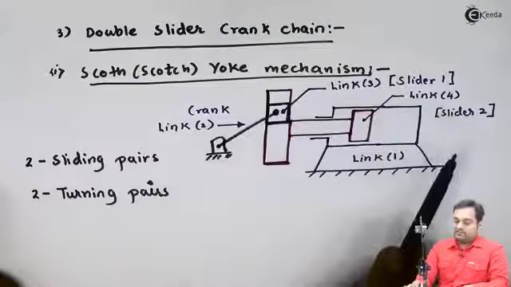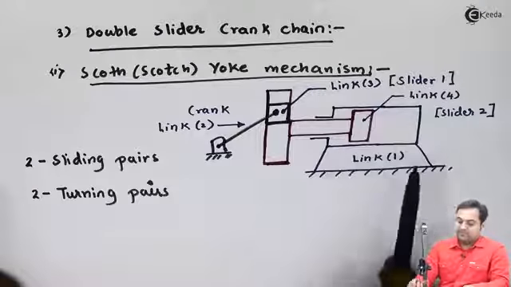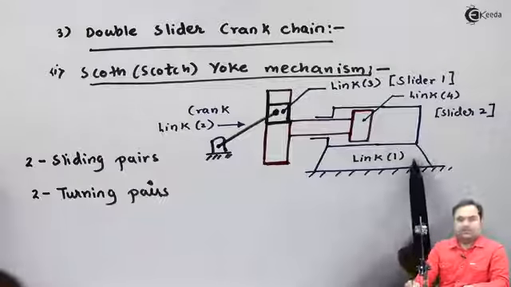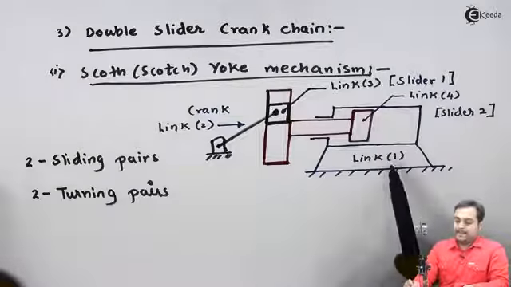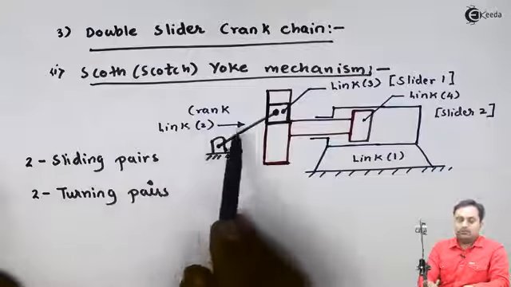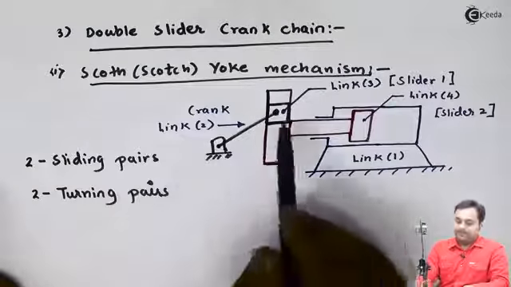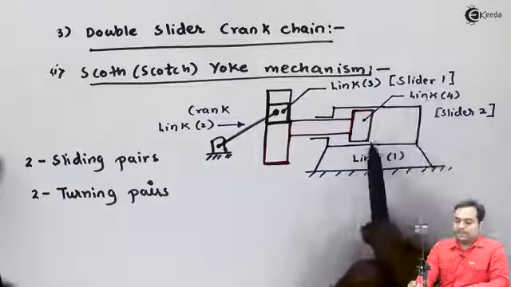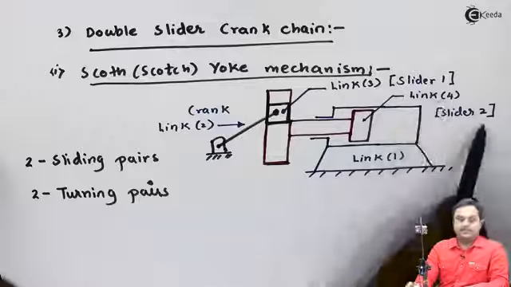Now if we see in this diagram, here we have link 1 which we are fixing. You can say that it is a cylinder. Then link 2 is the crank to which the motion would be provided. Link 3 is the first slider, slider 1, and link 4 is the second slider.